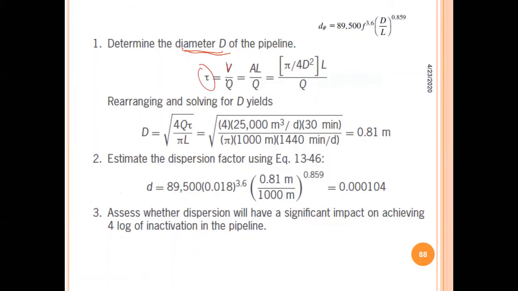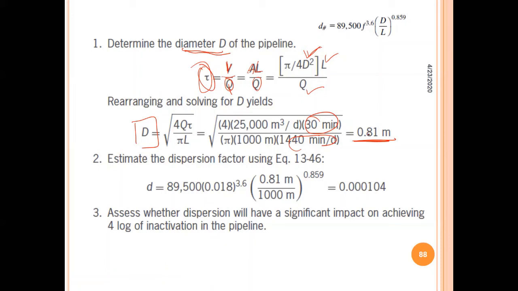Residence time is V over Q, and V is area multiplied by length, and area is pi by 4 D squared. So we have D, we have length, we have Q, so we can calculate D, putting all things in here and also converting the minutes into days. We can calculate the diameter as 0.181 meter.